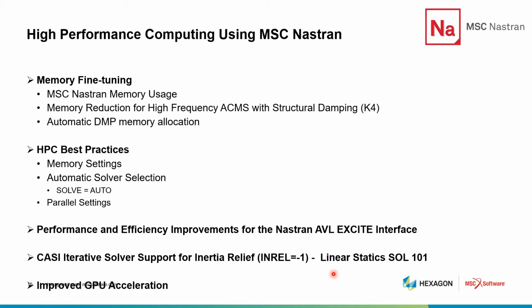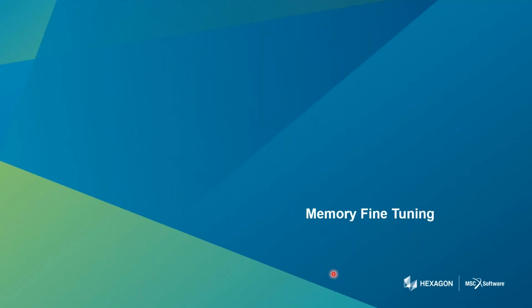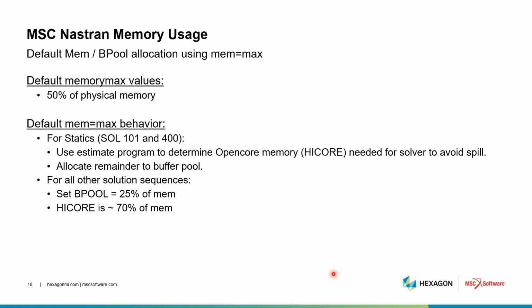Also CASI iterative solver support for inertia relief, PARAM,INREL,-1 for linear static solution 101, and improved GPU acceleration support. I'll try to be as detailed as possible, but in the interest of time, this is mainly focused on Rescale, so we'll be as fast as possible.